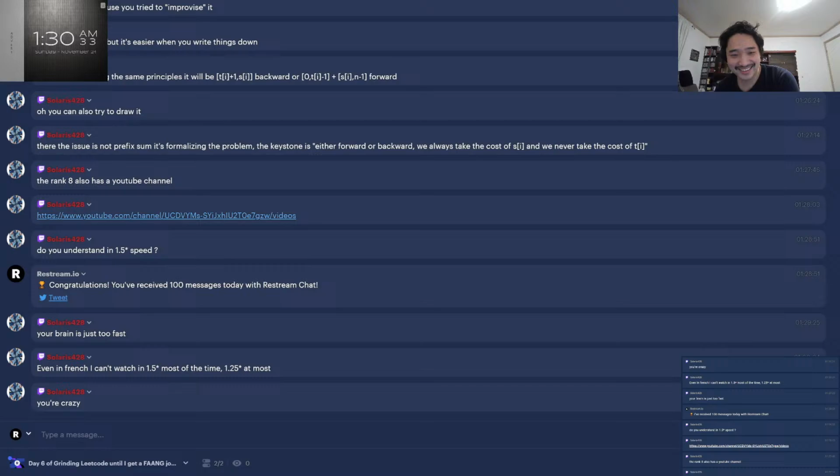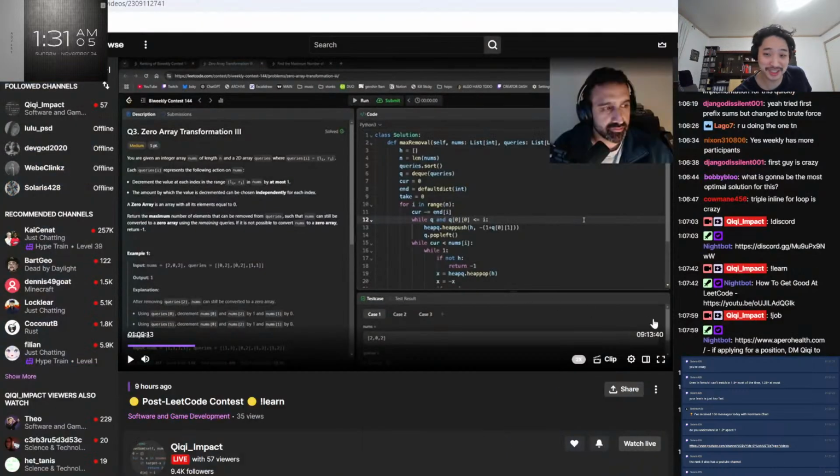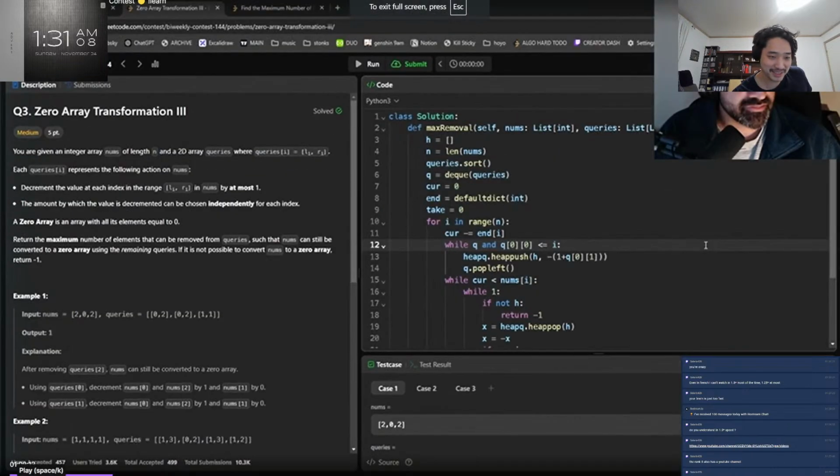I tried 8 times speed, but then I didn't understand anything, though I got the gist of what's happening. At 4 times speed I can't take notes, but I'm able to understand things. At 2x speed, I'm still able to take notes, and 1.5 is also my preferred speed. That's just how my brain works. It's a blessing and a curse.